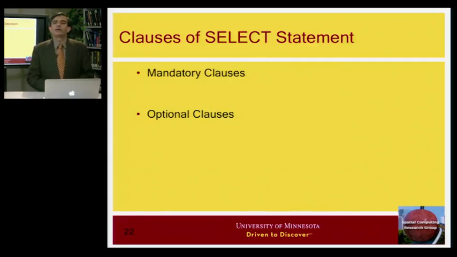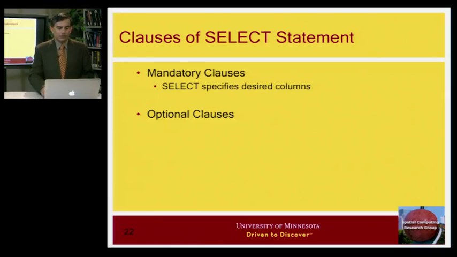Looking at the clauses, there are about half a dozen clauses. There are two which are mandatory. In order for you to have any query that the database can understand, you need at least two clauses. The first clause has the same name as the overall statement, and it is called the select clause, and it usually specifies the format of the result. So, in the result, if you want two columns, then those two have to be listed in the select clause.